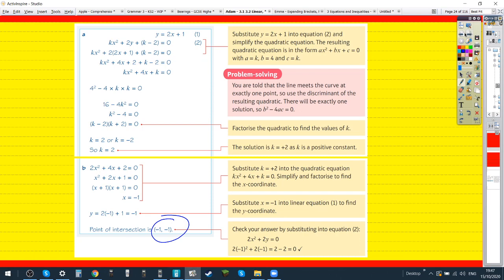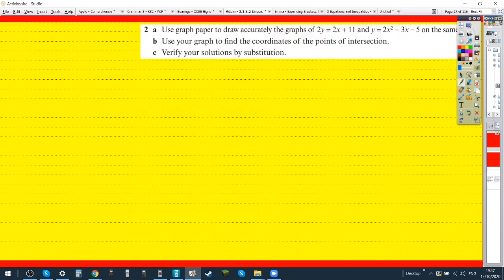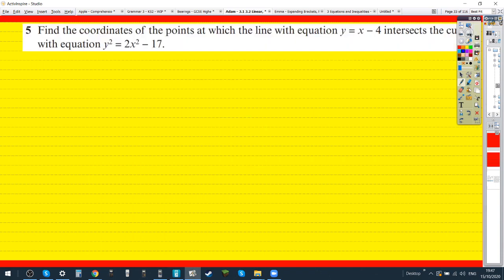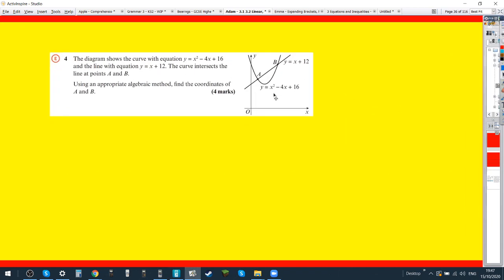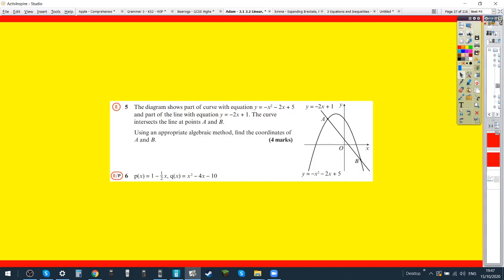How many marks would that be in the exam? I just want to find an exam question. So this one, using an algebraic method, is a 4 marker, but that's just normal numbers. There's no k.